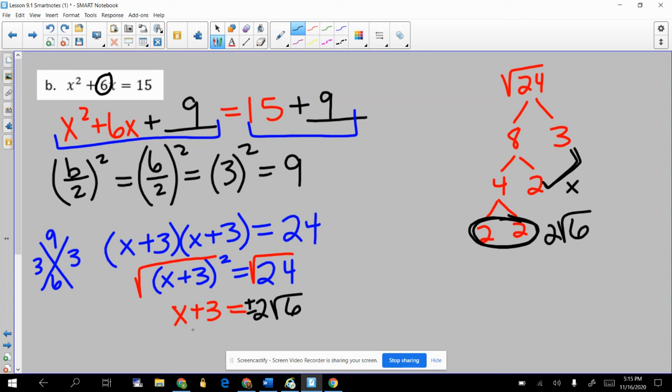Then our last step is going to be just to subtract over this 3. And your final answer, which is going to look a little bit different than what we're used to, is going to be x equals negative 3 plus or minus 2 root 6.